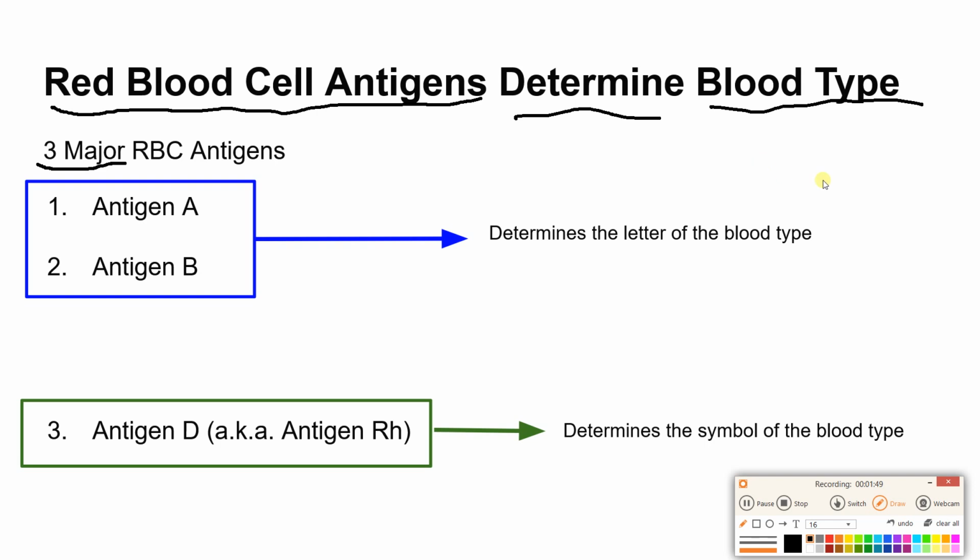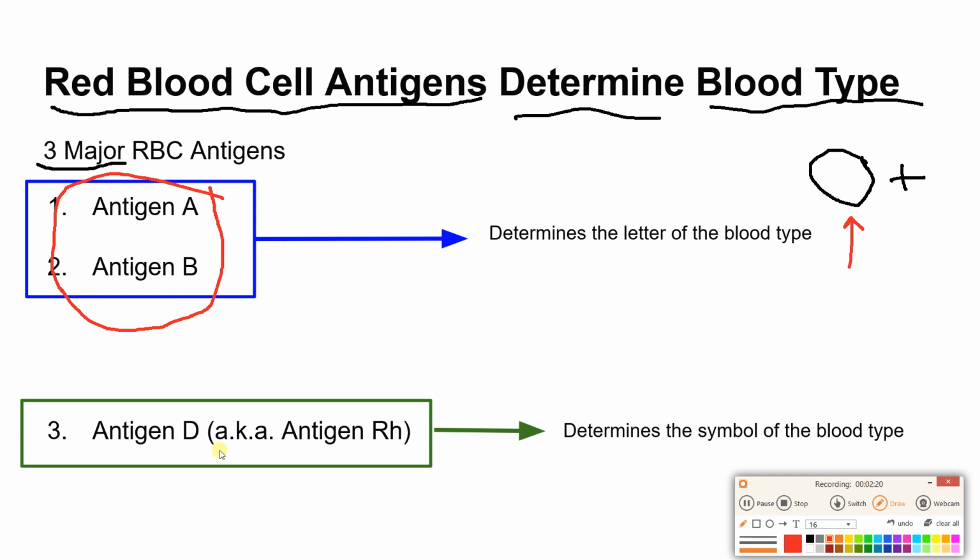For example, my blood type is type O positive. And the letter that I've got is determined by the presence or absence of these 2 antigens, antigen A and antigen B. So whether you have the A, the B, both, or neither is going to determine the letter of your blood type.